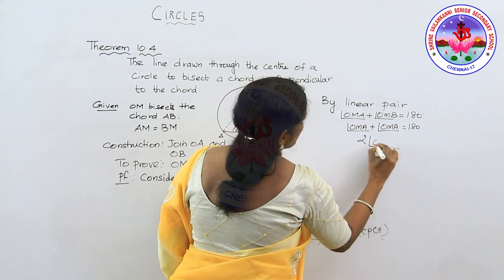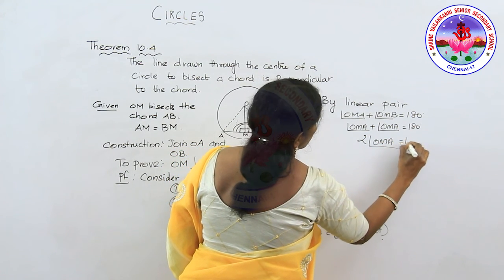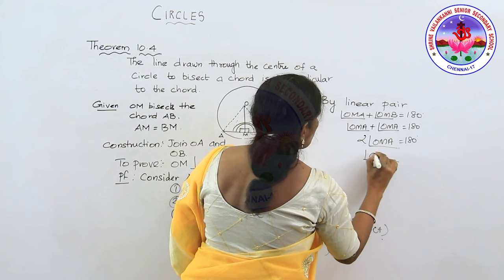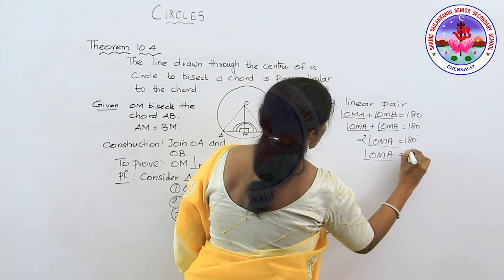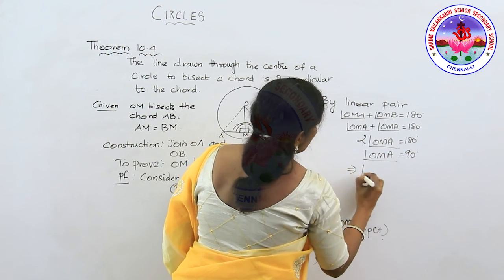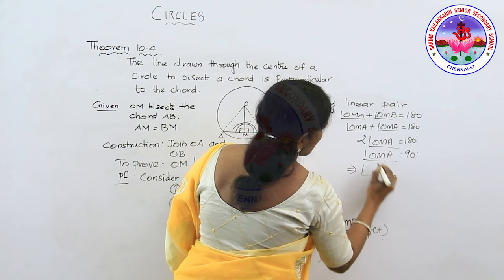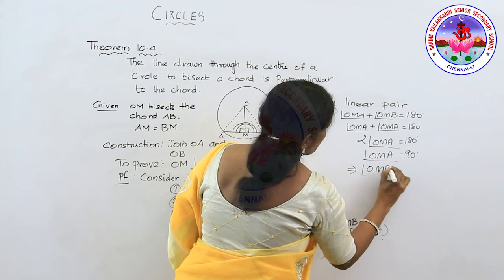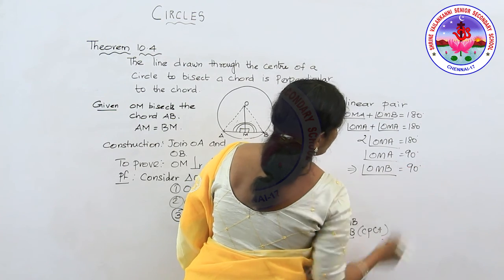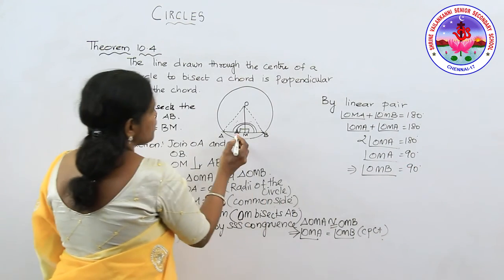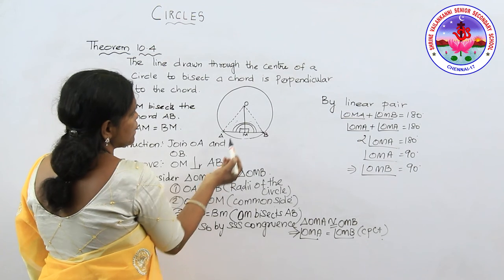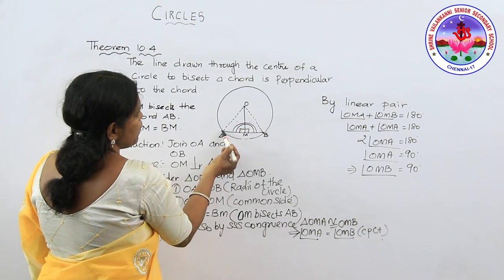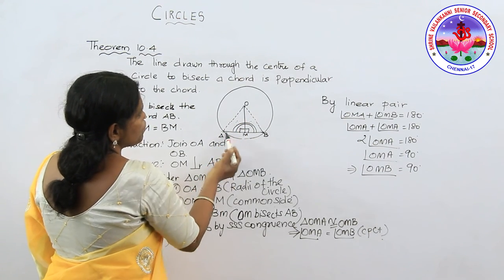So 2 times angle OMA is equal to 180 degrees, angle OMA is equal to 90. Similarly, my angle OMB will also be equivalent to 90 degrees. So I got both the angles equivalent to 90 degrees. Hence OM is a perpendicular bisector to the chord AB.